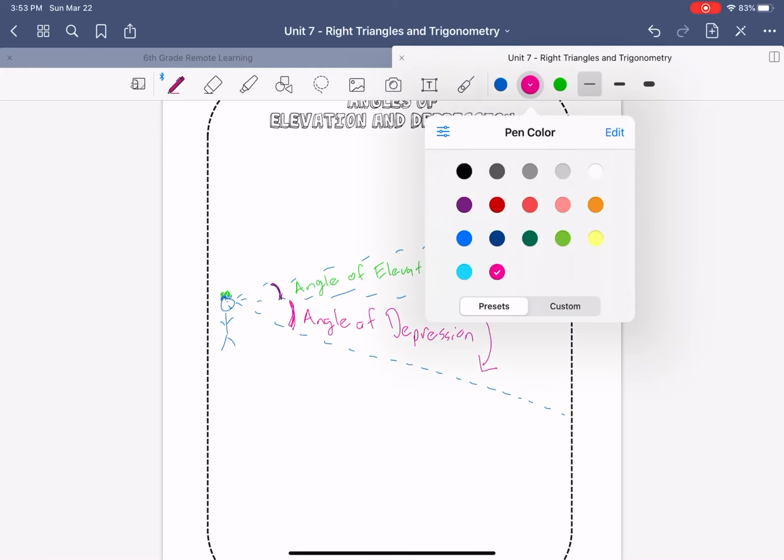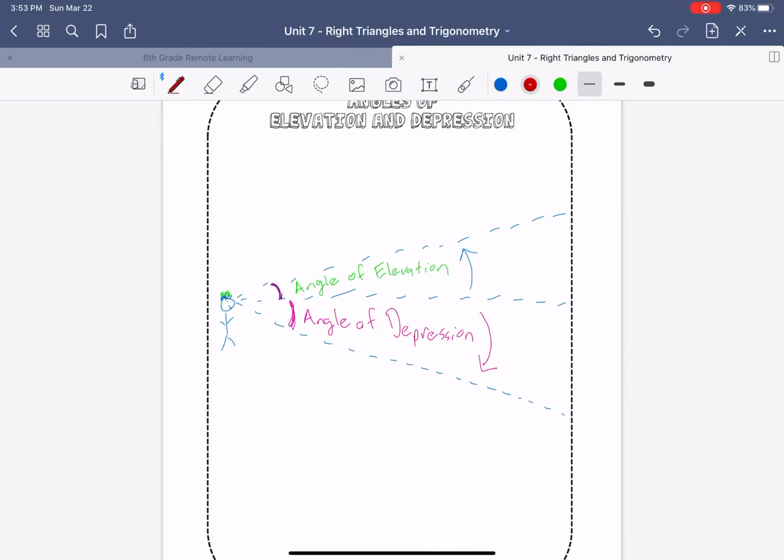Now, there's one more thing that I want to point out, and that is specifically angles of elevation are pretty easy to identify. Angles of depression are less so. So I want to talk about this angle right here. A lot of students see an angle like that, and they think that is the angle of depression. That is not the angle of depression, because it's not from the horizontal going downwards.